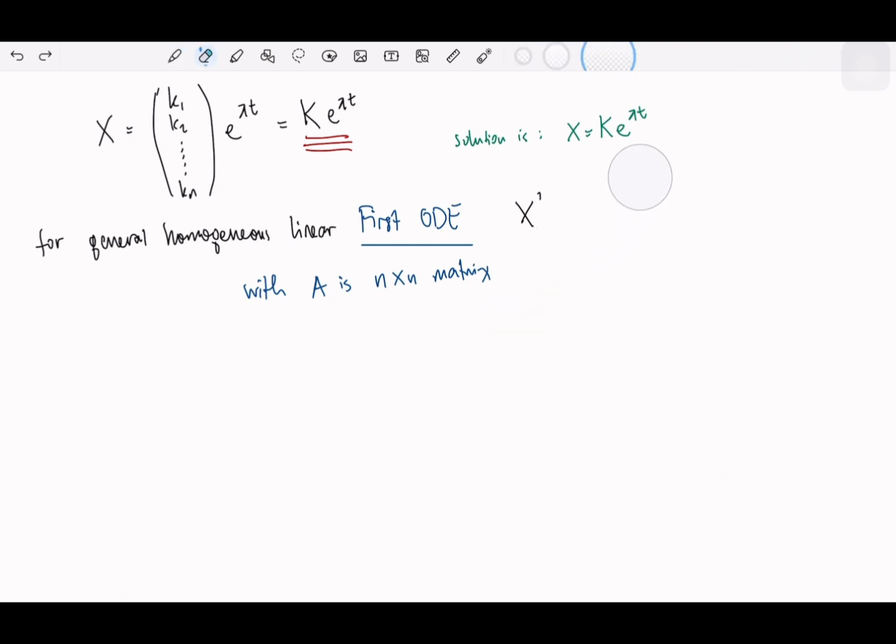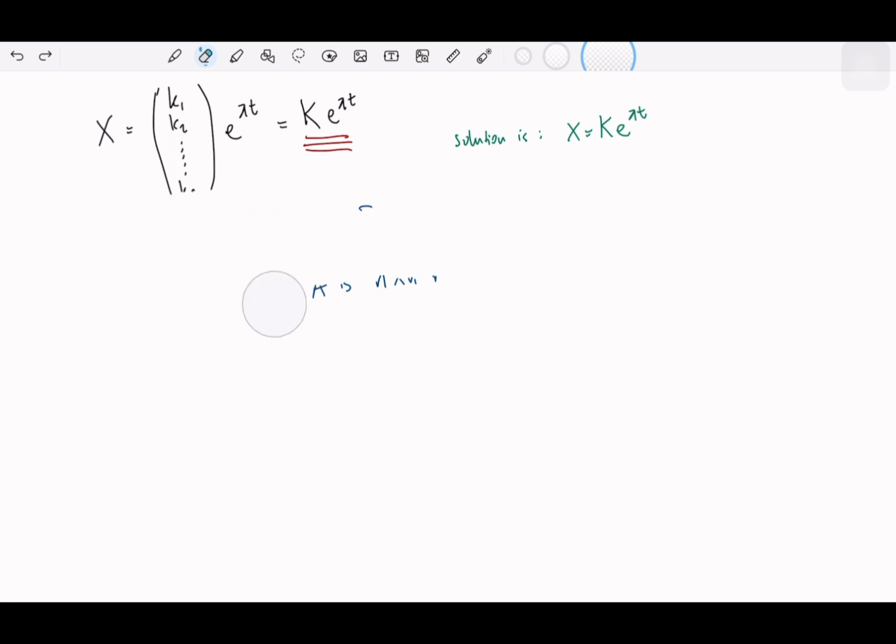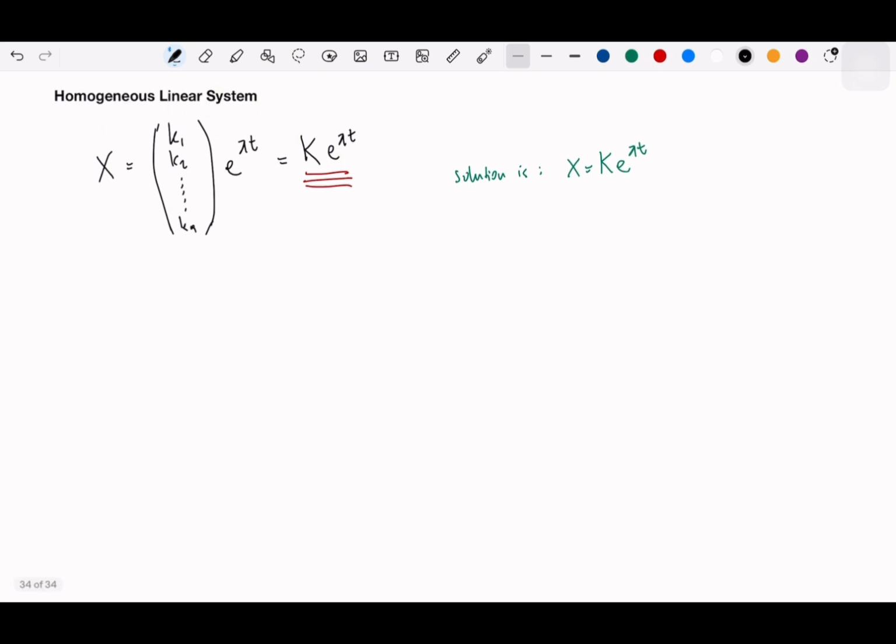Okay, so if the solution is this, then if we take the derivative of x, k is still k, and e^(lambda t) becomes lambda e^(lambda t), right?